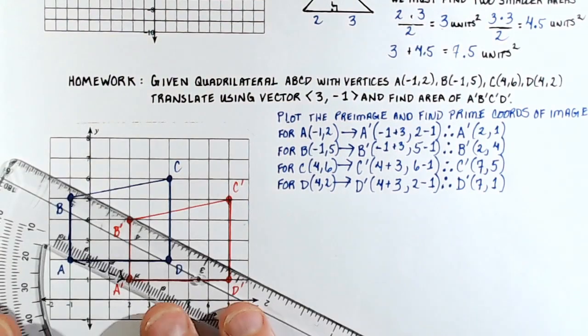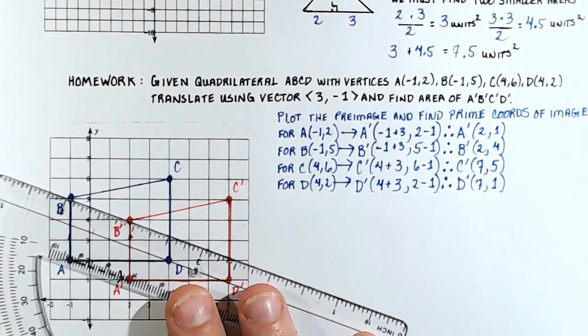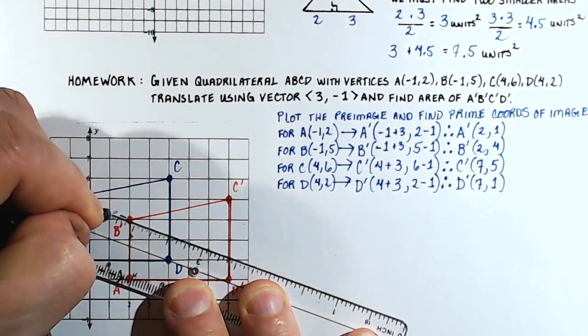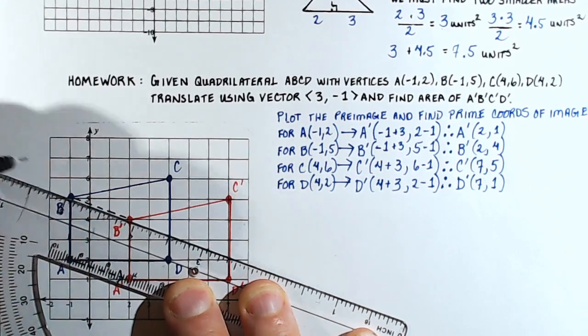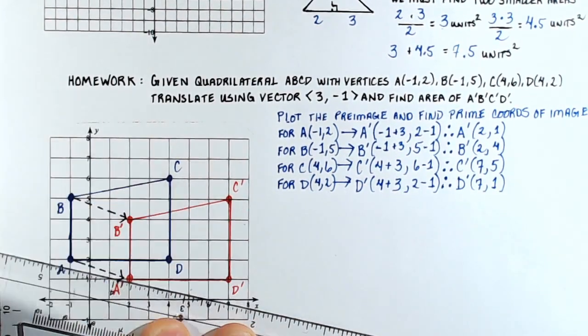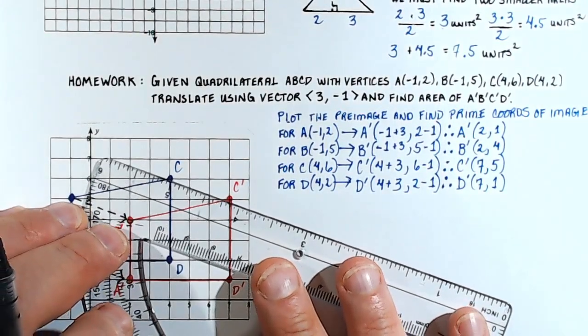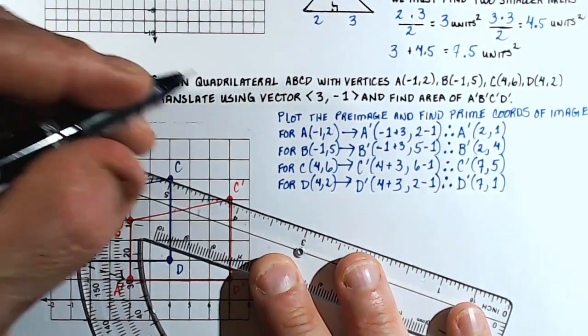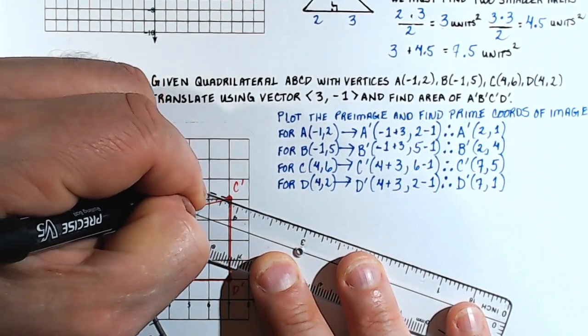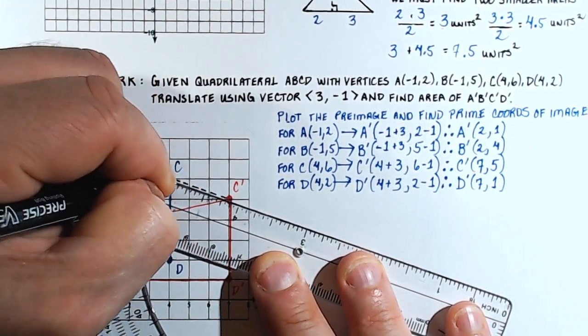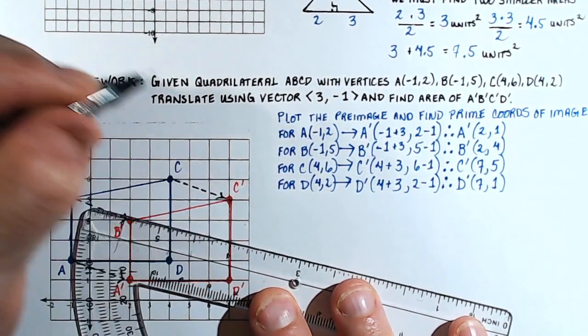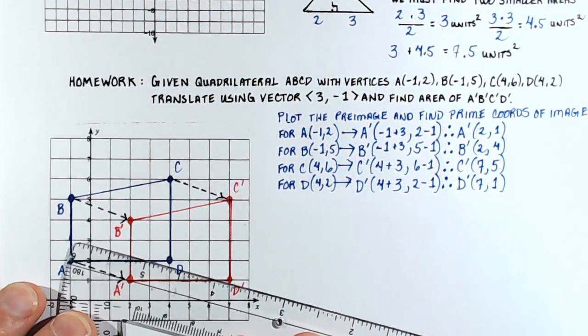From B to B prime, dashed lines. C to C prime. And you could start to see how in the future you will be able to work out the volume of a shape formed by this picture. All right. And then here D to D prime.